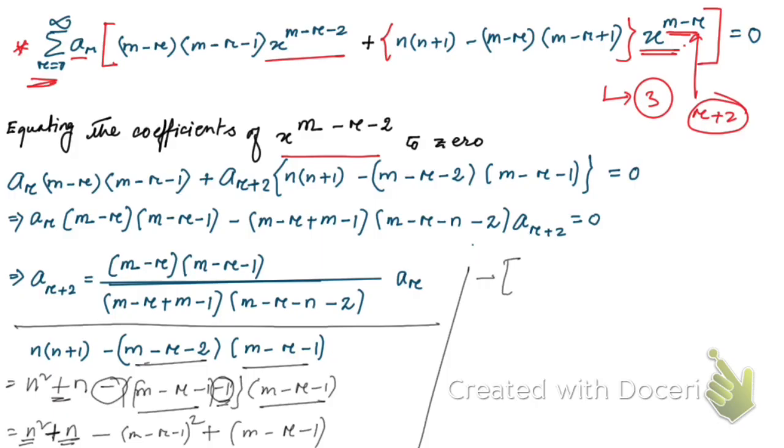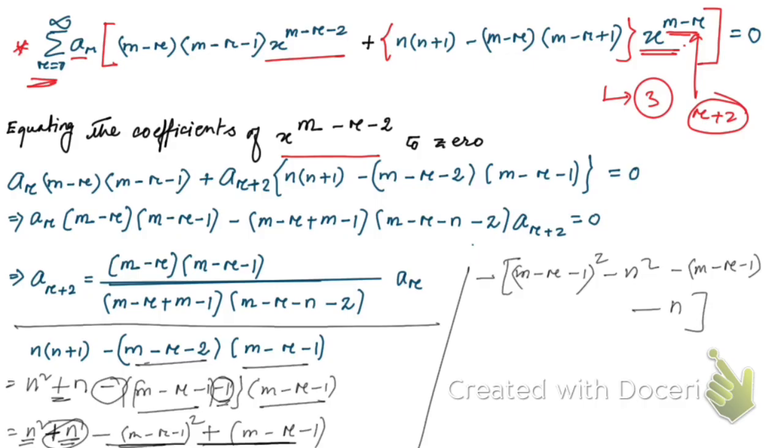First let me write this term, which will now be positive, m minus r minus 1 whole square. Then this n square becomes negative on taking the minus sign common, so let me write here minus n square. Then this term, on taking minus, this positive sign will be negative, minus m minus r minus 1. Then here you see this minus and this plus n will now be minus n, so minus n, right?